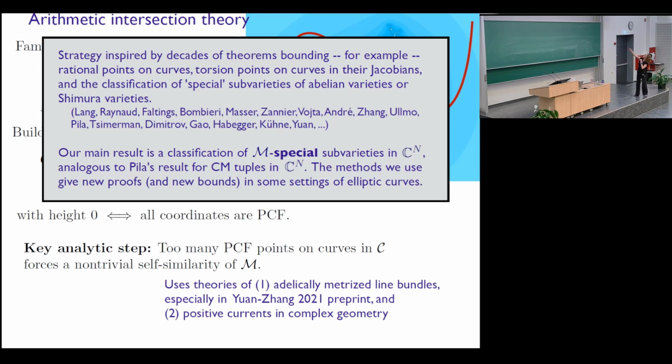The strategy is really inspired by many years of theorems and results and questions, conjectures about abelian varieties and families of abelian varieties, and as I said, elliptic curves and those with complex multiplication, and the number theory and the Diophantine geometry of those objects and those families. And so we've taken the ideas from that setting.